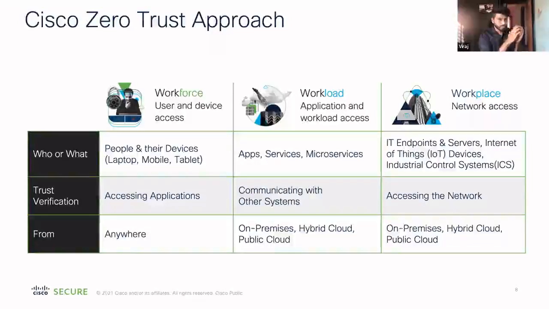At last, workplace. Workplace is where your traditional perimeter comes into the picture. It can be, say, the things hosted on premises. It can still be your users connecting on the network. It can be the IoT devices that we spoke about. It can be, say, industrial control systems in case of industrial production.